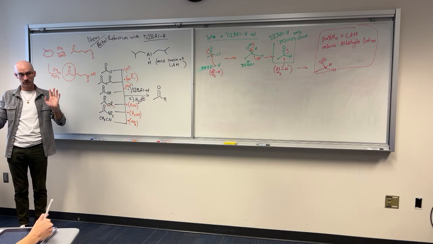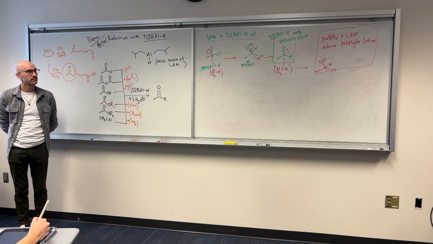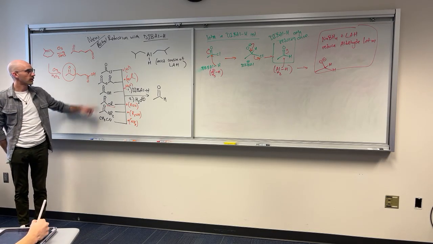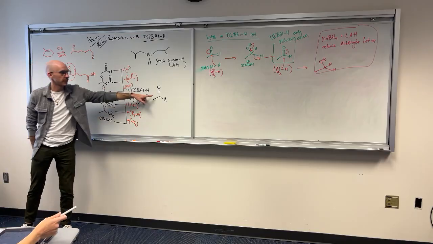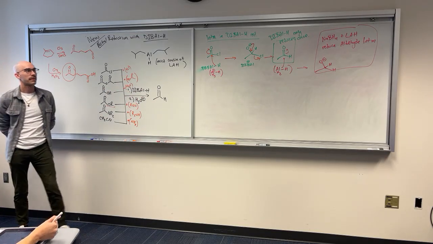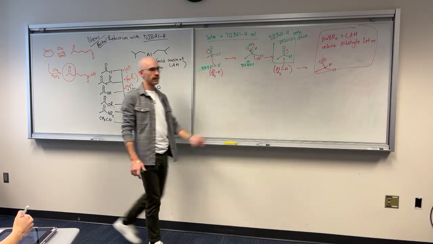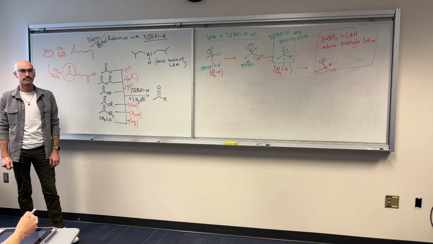That's the benefit, is that you pause it at that intermediate. That's the final product? Well, acid chloride to aldehyde, yes, that's the final product. With LAH, you still have the aqueous workup. So you protonate the alkoxide into an alcohol.